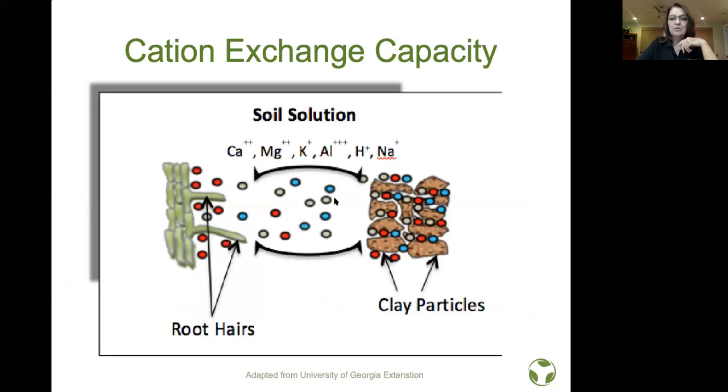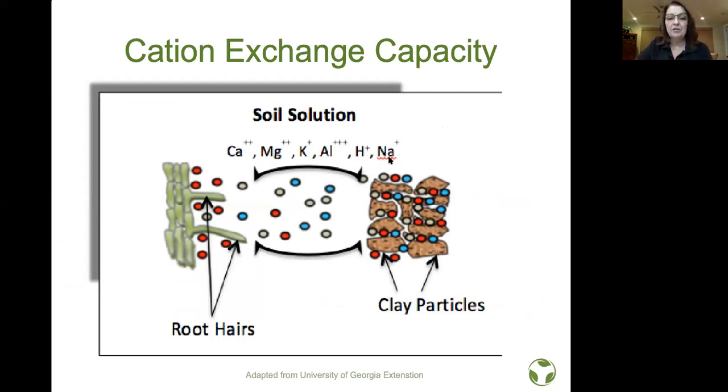So now comes kind of the chemistry part here. So I talked about how the clay particles and also the colloidal humus particles, as your organic matter breaks down, they act as a magnet. So they're holding on to all of these positive ions in the soil, everything that is positive. So Na stands for sodium, if some of you have forgotten your high school chemistry.